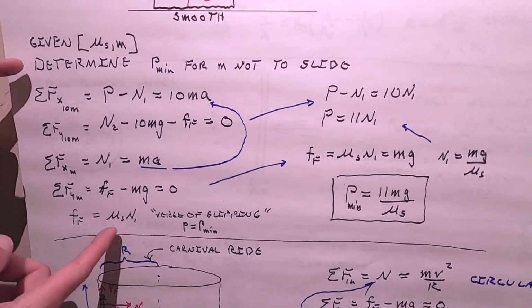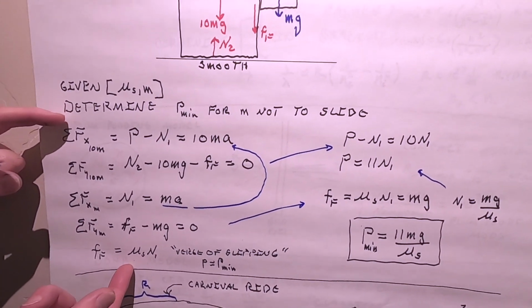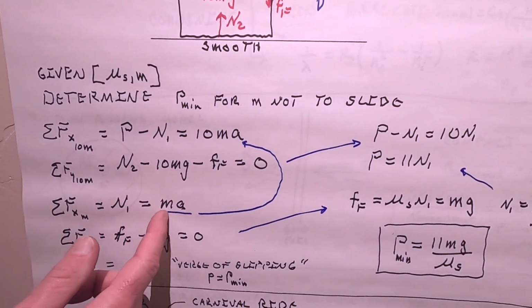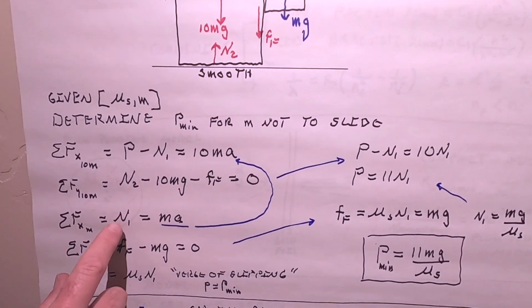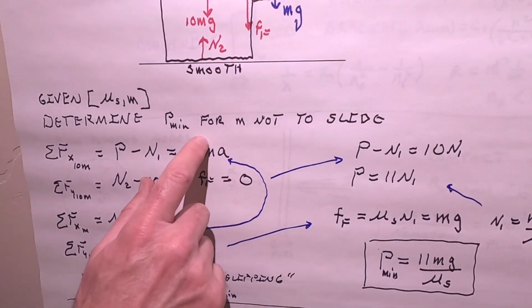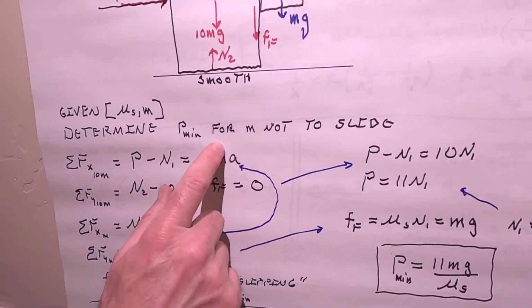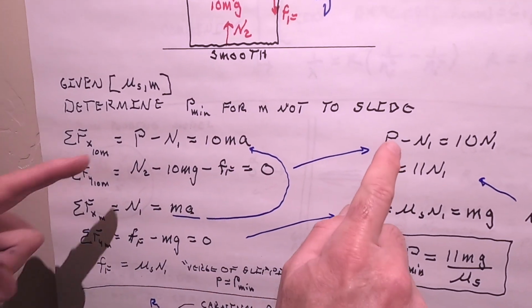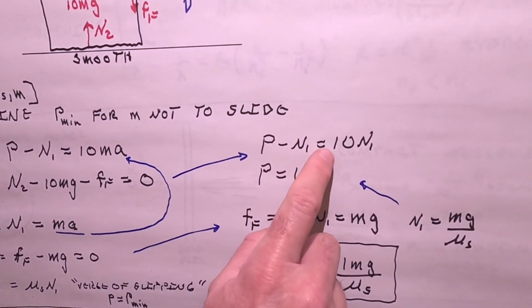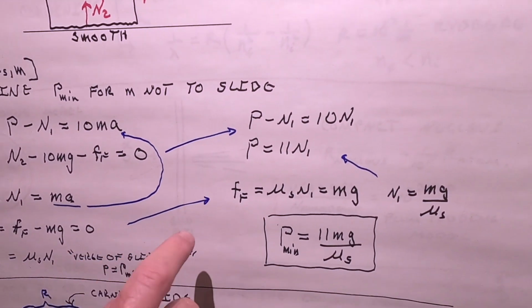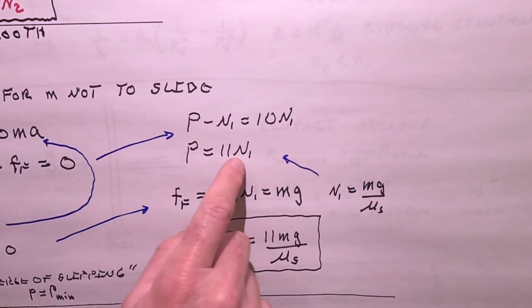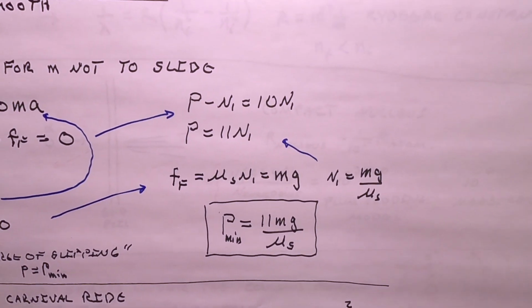Okay, so now these are my equations right here. So I said, okay, let's take my ma right there, which is N1, and just put it right there. So I'm just going to make that N1. So now we have P minus N1 equals 10 N1, or move that N1 over, and so we get P equals 11 N1.